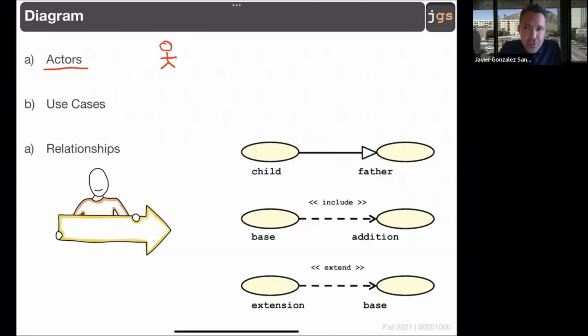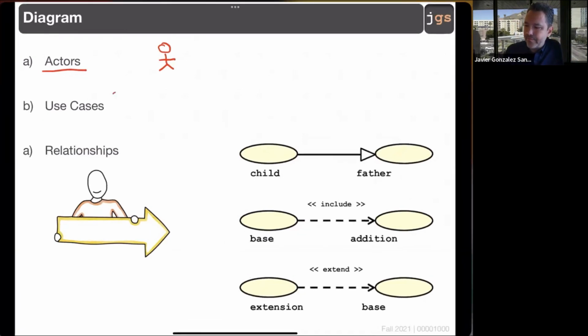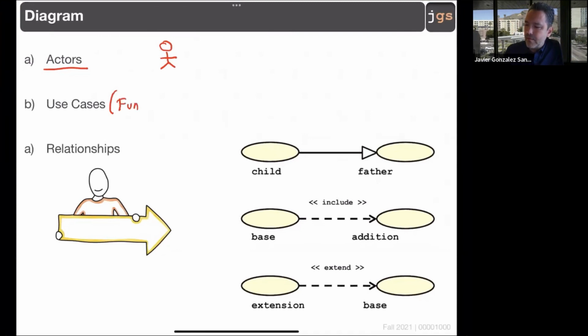Second, use cases. We're going to call use cases. That is the name here. To our functional requirements.